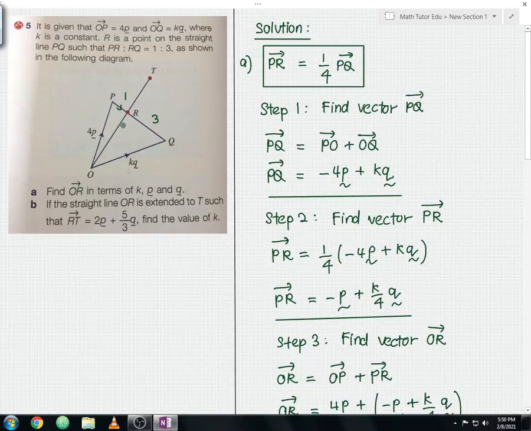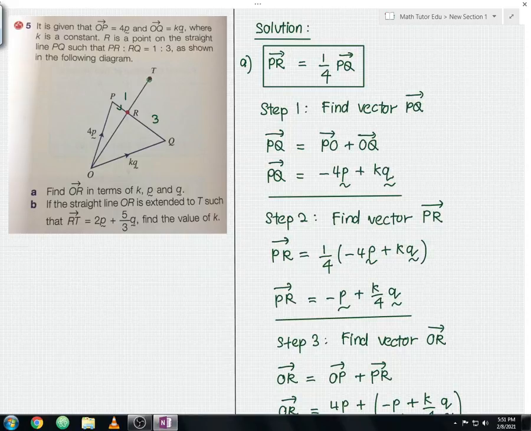So vector OR, you can add with vector RT. From here you should get vector OT. So that will be your first step. Once you complete your first step, the next step is to form a relation between vector OR and vector OT. Why is that so? Since the points O, R, T are within the same straight line, also known as collinear, you need to form a relation between those two vectors, and you should get a scalar multiple value.